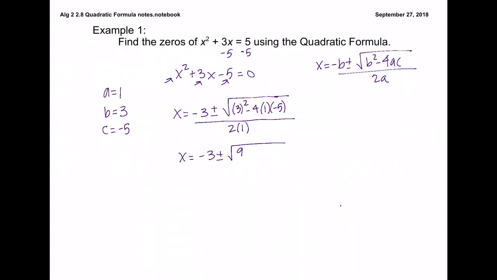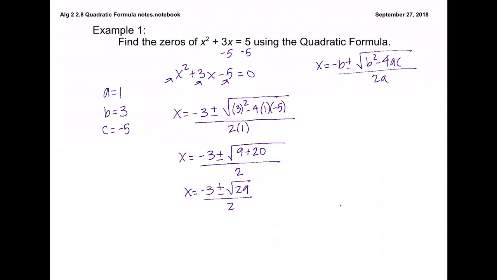Negative 4 times 1 is negative 4, times the negative 5 gives us a positive 20, all over 2. So x equals negative 3 plus or minus the square root of 29 over 2.